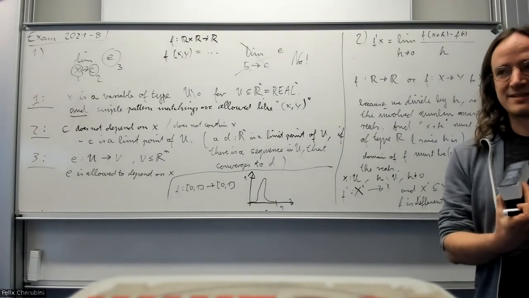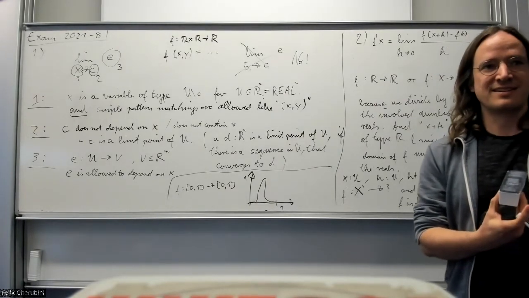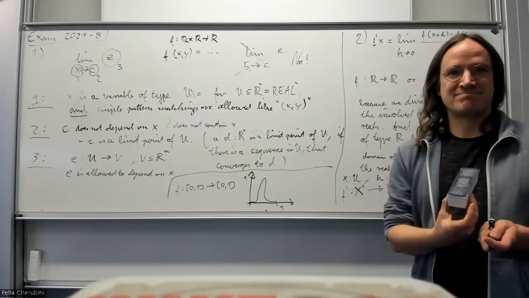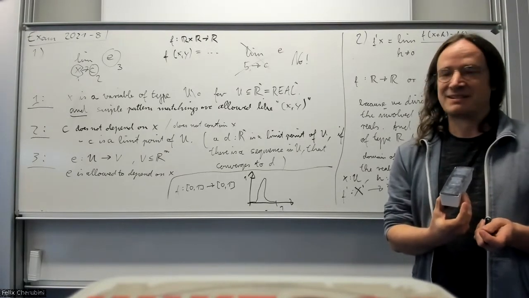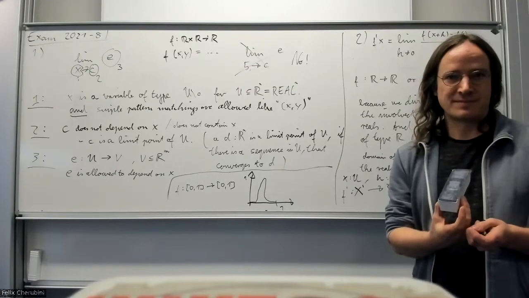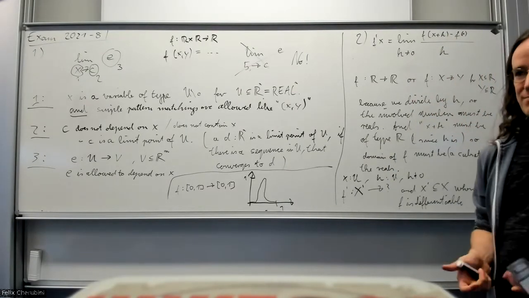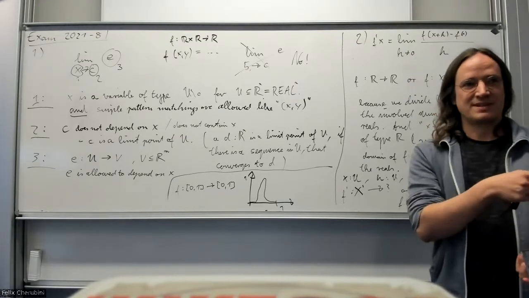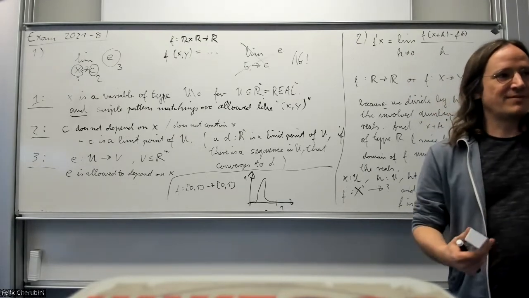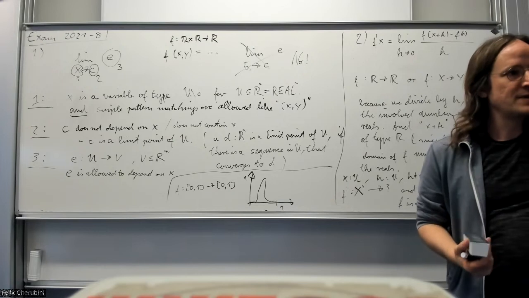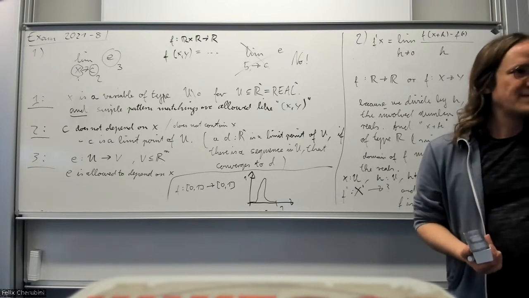So what will the derivative look like? It can be negative even though the original function wasn't.